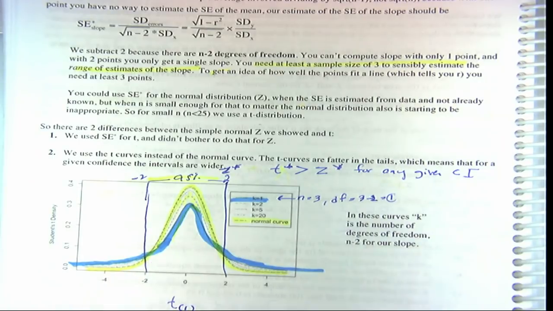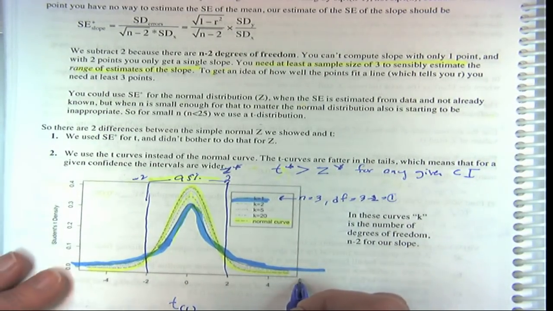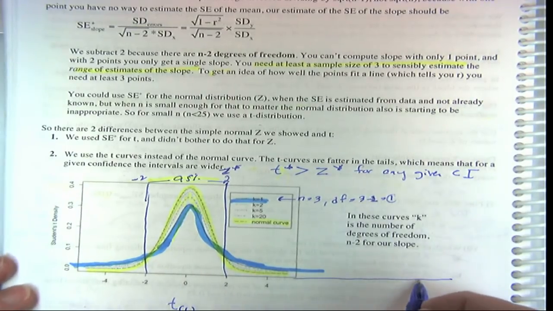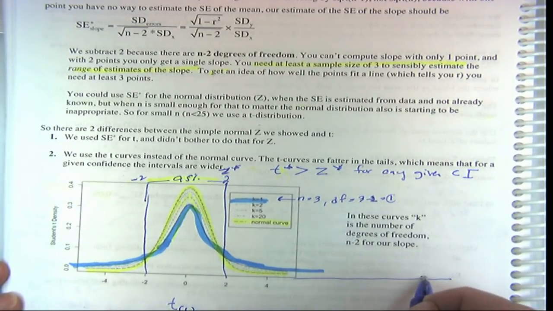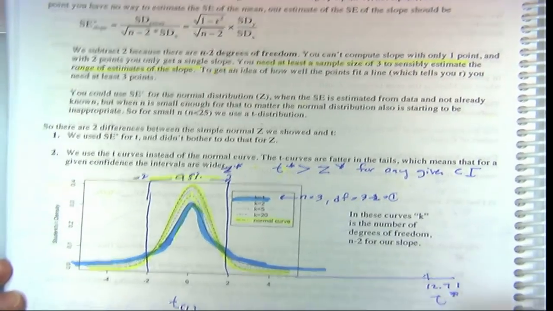And when you're using this tiny t curve, we'd have to go out to, shoot, what did I say, 12.71? So let's pretend this here, 12.71, that's T star.